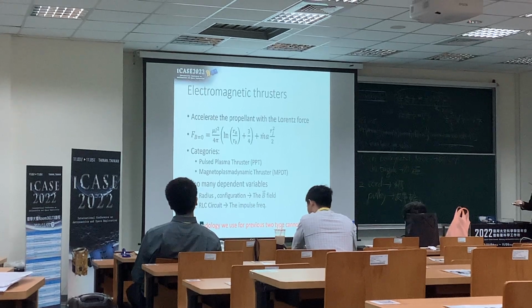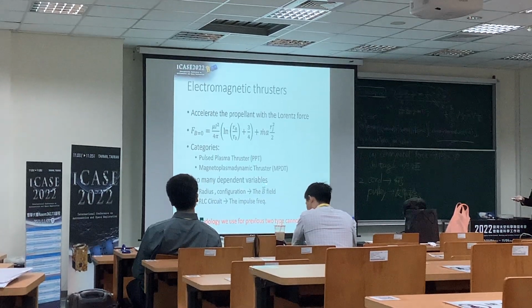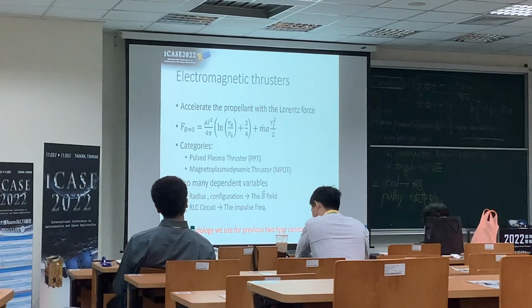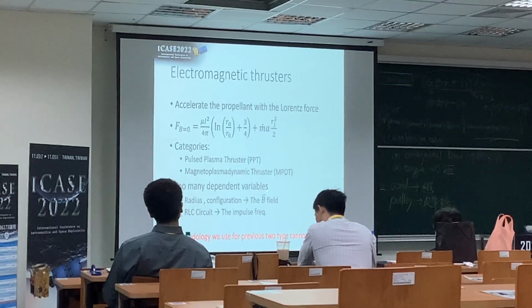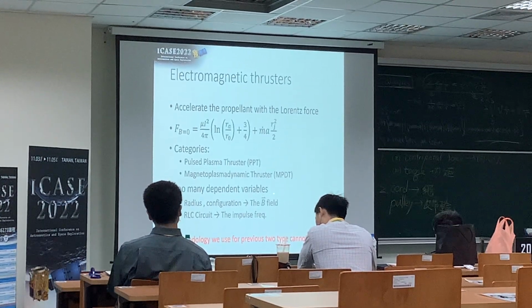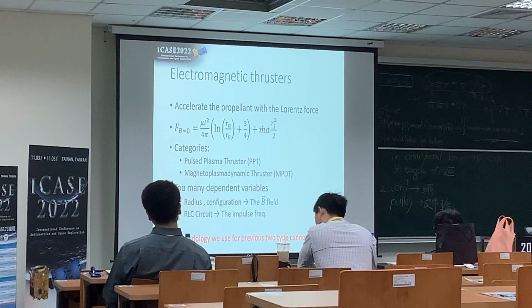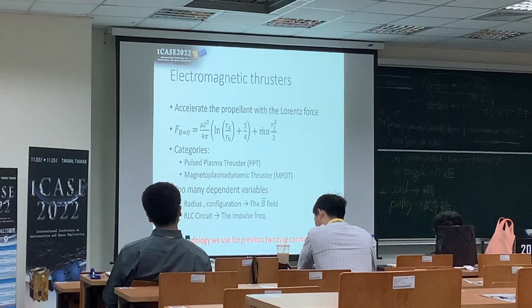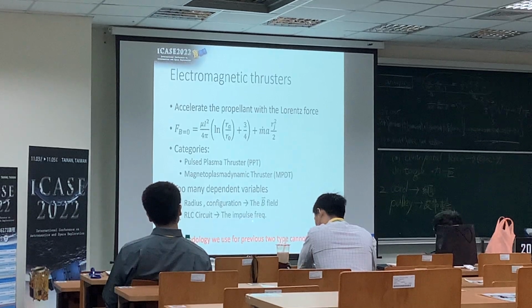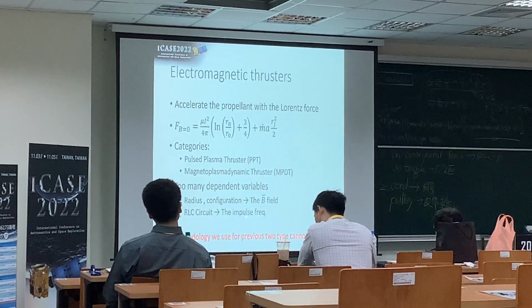However, the methodology we used for the previous two types of thruster cannot work for electromagnetic thrusters because there are many dependent variables such as radius and configuration which affect the magnetic field, and the RLC circuits which will affect the impulse frequency.